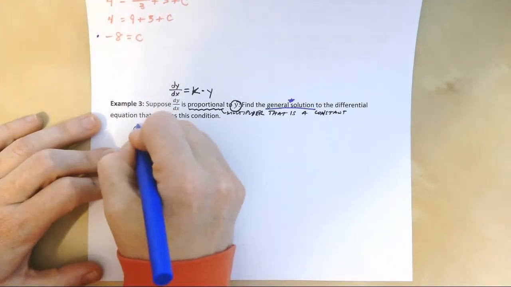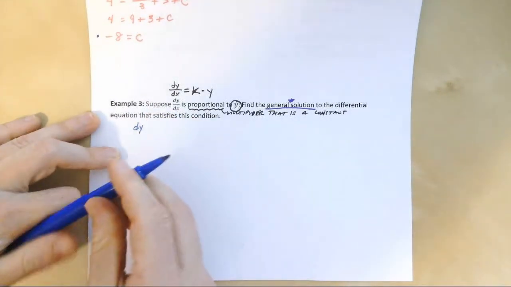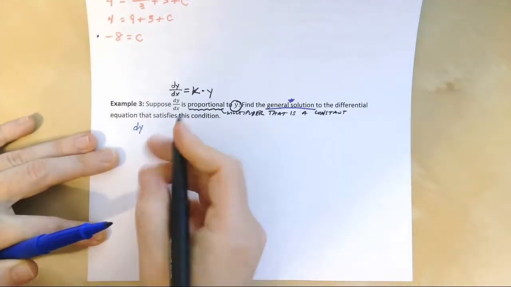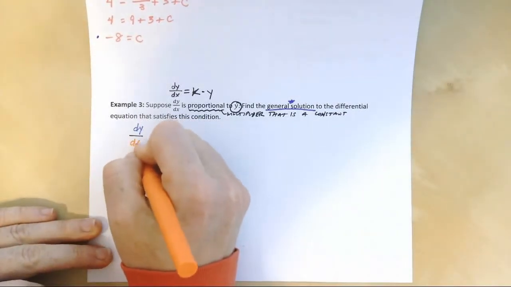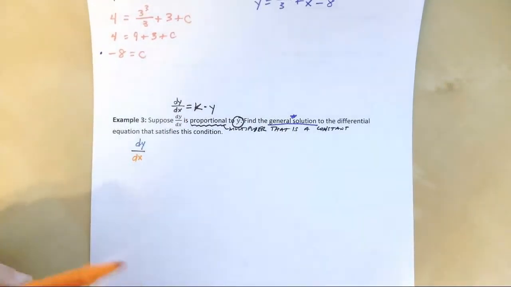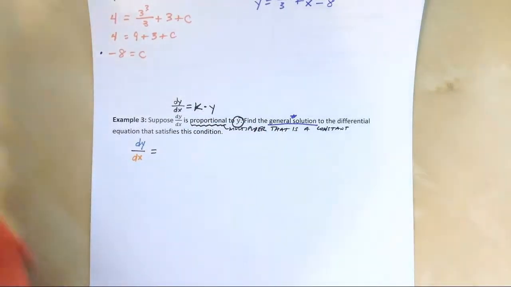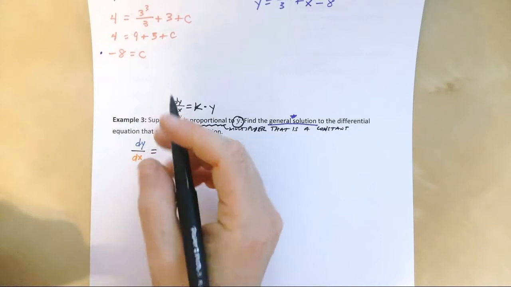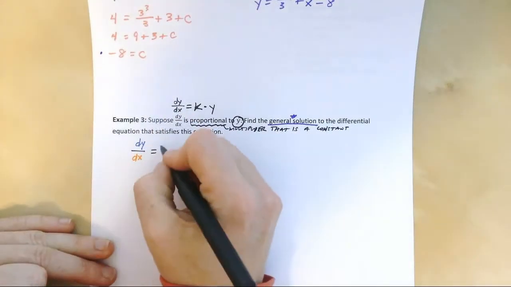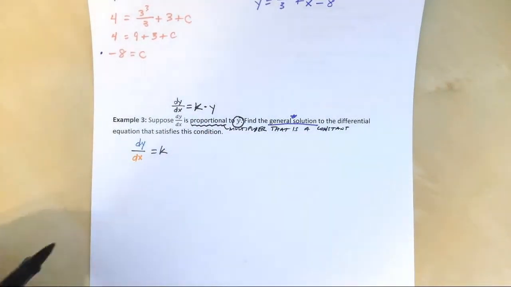I will color code it again for you. So y is in blue. dy over dx equals k, and I'm going to leave the k on its own, and then y is in blue.